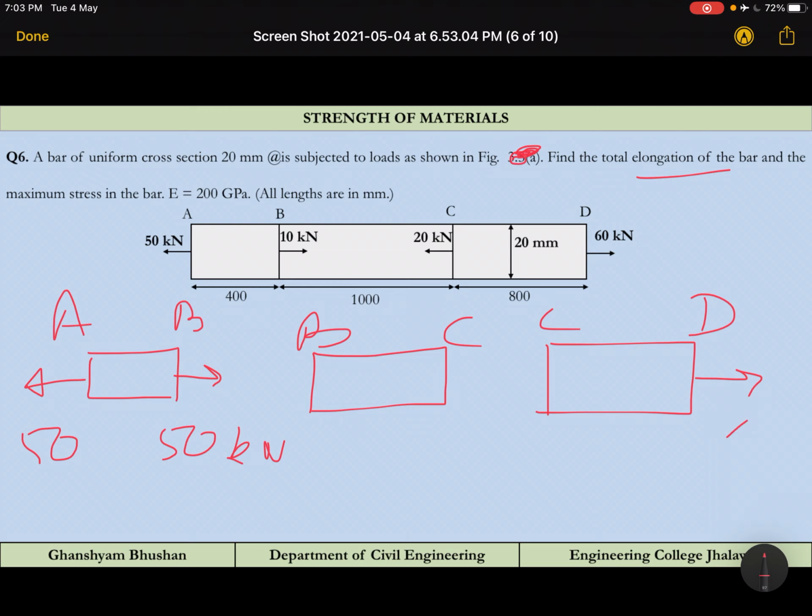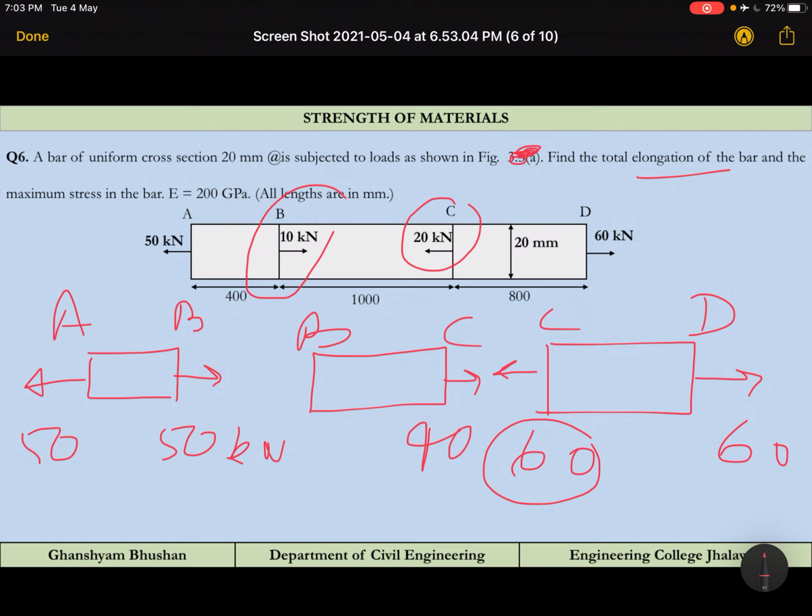Now here it is 60, so here also 60 will act. Now at this point net force is 20 kilonewton. Already we have 60 kilonewton towards left, so that means 40 kilonewton will be acting rightwards, and from here also you can see 10 kilonewton is acting rightwards, and already we have 50 kilonewton, so to balance this here 40 will come.